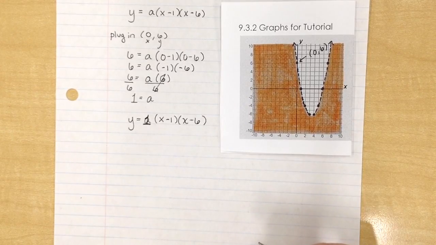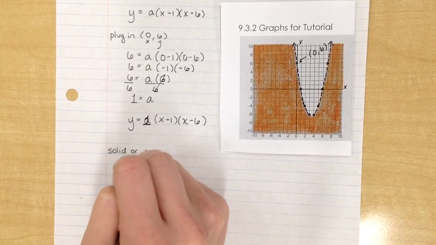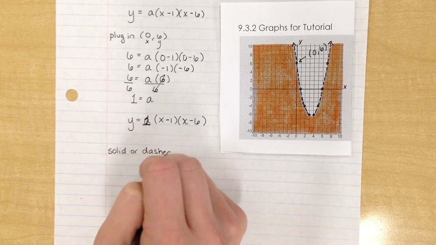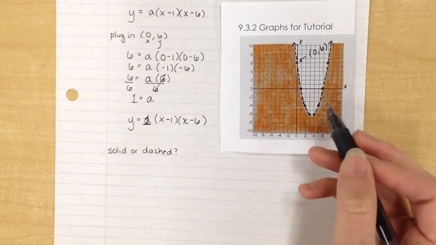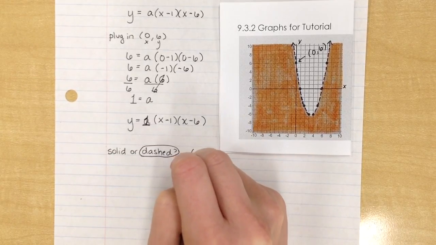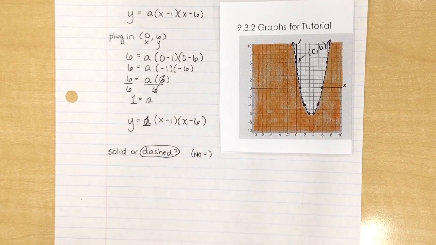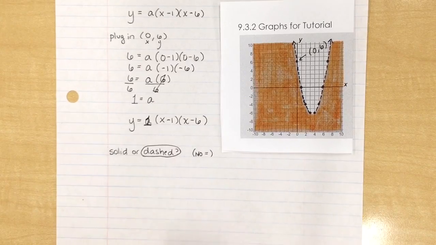So I'm going to first ask myself, is it a solid or dashed parabola? In this case, it's dashed, which is always going to mean there is no equal sign involved in the inequality component of it.